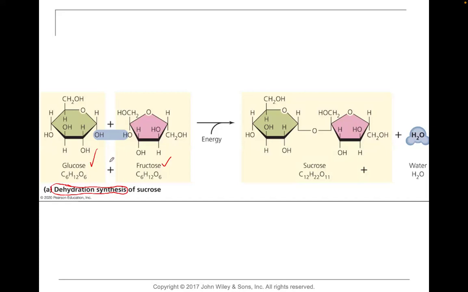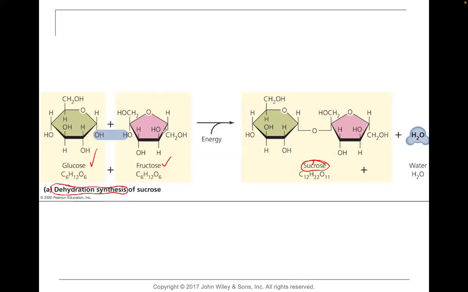Now, when we combine glucose and fructose and bring these two smaller things together, it makes something larger, which is sucrose. That's table sugar. Now, how do these things get brought together? It uses something called dehydration synthesis.